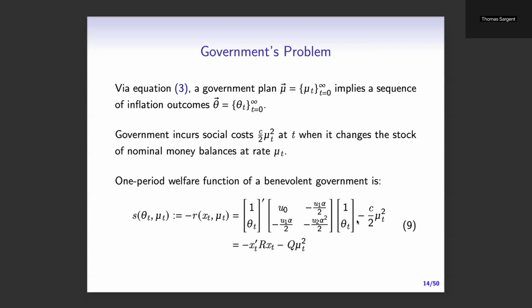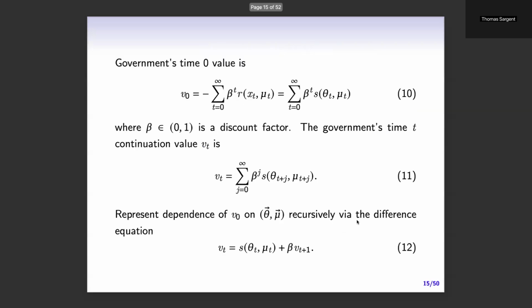So I'm getting ready to hand this over to a Python linear quadratic dynamic programming problem. If I do that, I can write the continuation value like we did before.